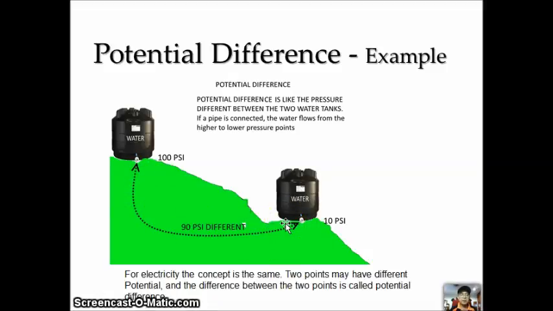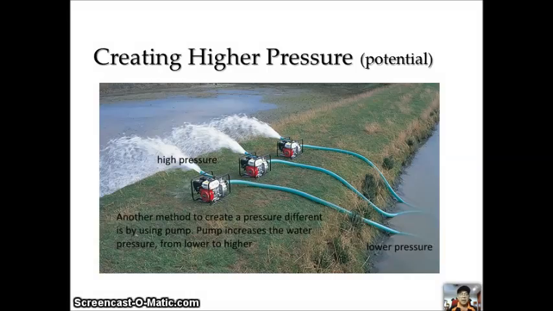This represents the potential difference that is causing the current to flow. Here you can see the pump that is creating the flow of water. The pump produces higher pressure on this side and takes water from low pressure on the intake side. This represents the generator in the electrical system, where it will cause the electrons to flow.